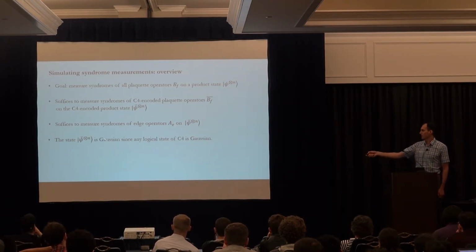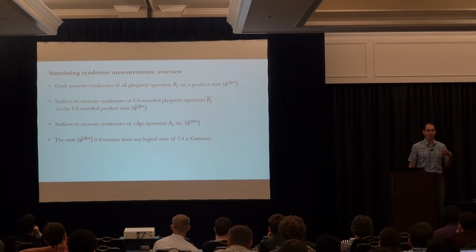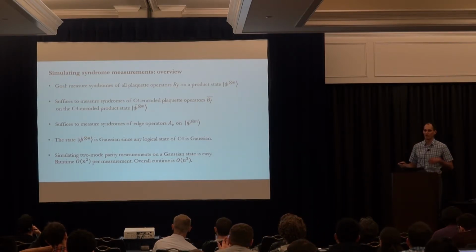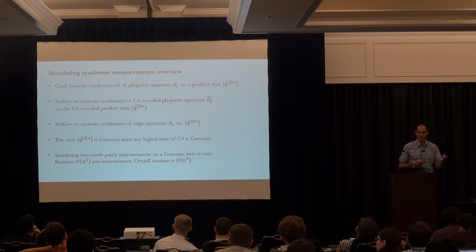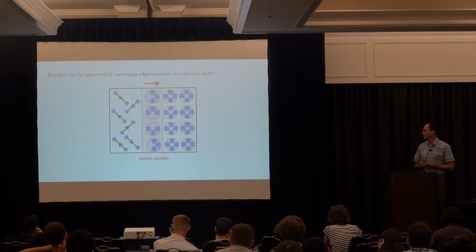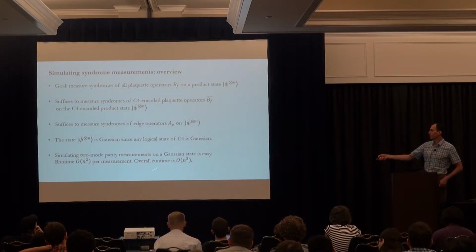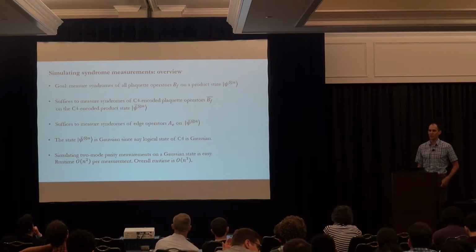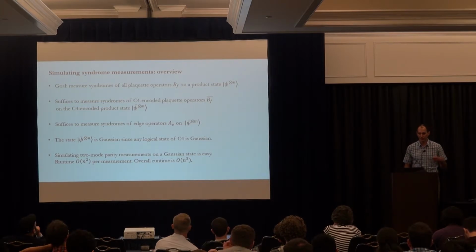And we know that this encoded product state is Gaussian because I told you that any logical state of the C4 code is Gaussian. So all we need to do is to simulate a sequence of two-mode parity measurements starting from a simple Gaussian state, and we know how to do this efficiently. If you implement this algorithm naively, the overall runtime scales as n cubed.